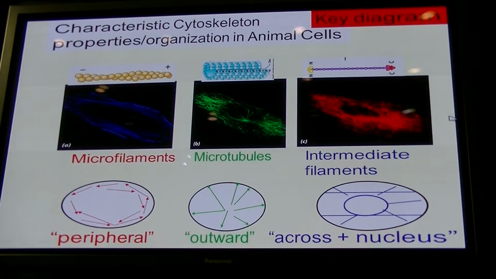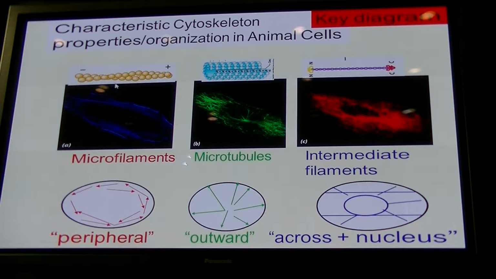So we can generalize that. While it's not always true, it definitely serves a good purpose for your understanding. Most of the time it is like this. Microfilaments are made up of actin. We'll see that later. It kind of looks like beads of actin strung together. We'll see that in a couple of moments.